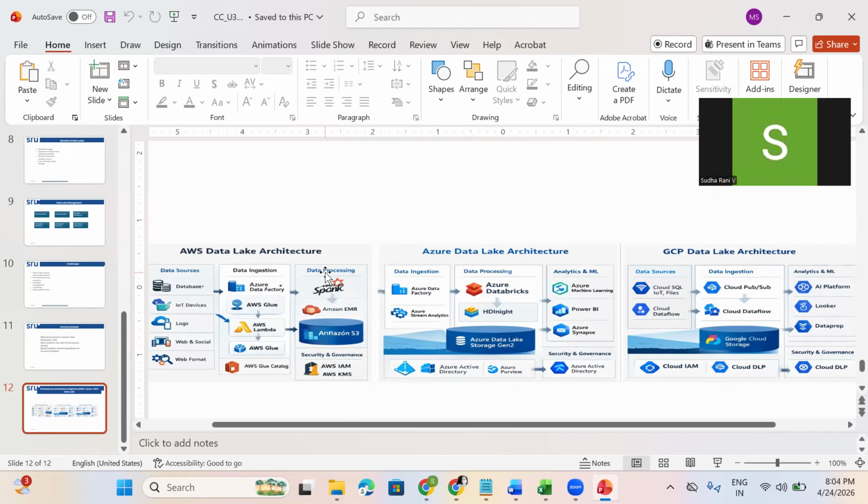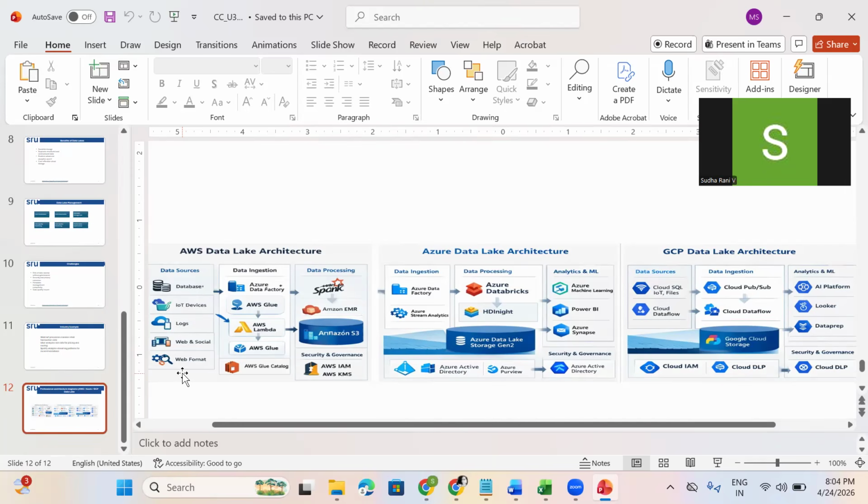Coming to the AWS data lake architecture, we have data sources, data ingestion, and data processing. In processing we have Amazon EMR and Amazon S3, along with security and governance. The data sources are databases, IoT devices, logs, web and social platforms.